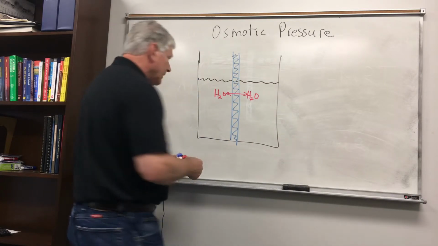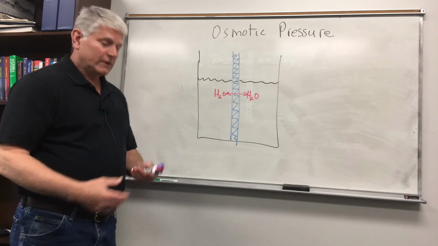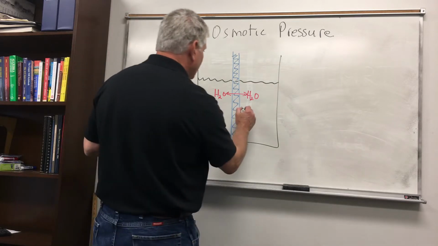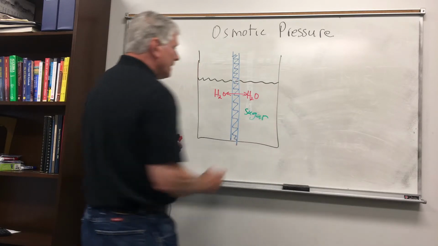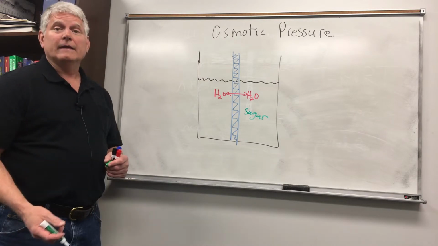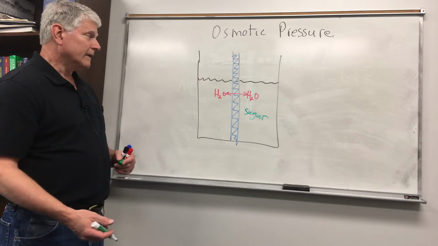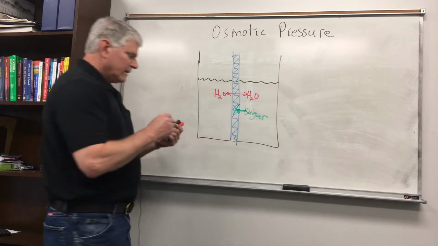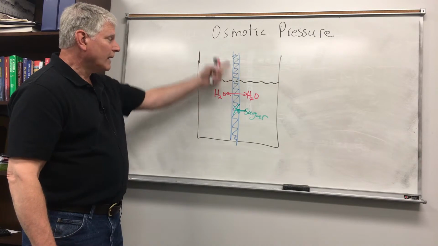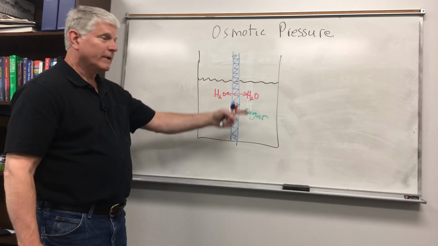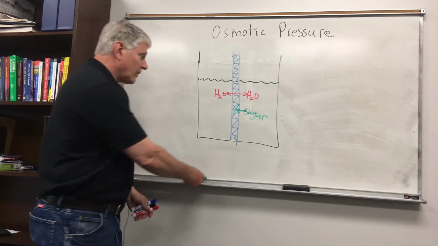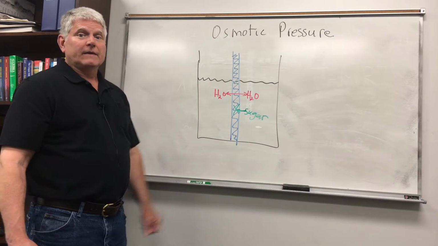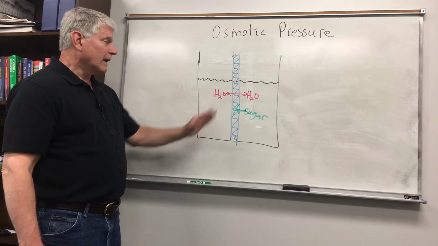And so now let's say we put a solute in our solution. So say we have sugar. And we put sugar in the right side, but not the left side of the container. And this porous divider allows water to travel through it, but it will not allow the solute to travel through it. So the sugar is stuck on the right side of the container only. It can't get to the left side.